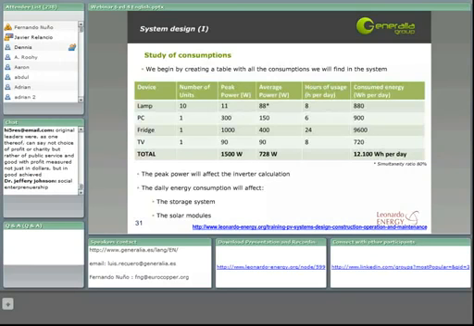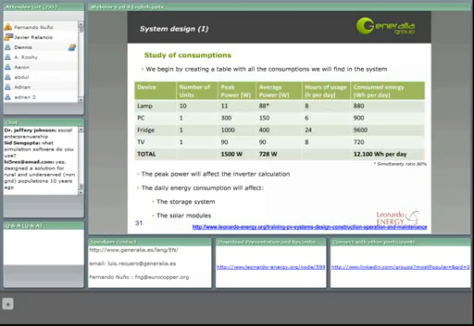So for example, here we have taken a consumption from a typical house in a developing country, which will have 10 lamps, 1 personal computer, 1 fridge, and 1 television. They will be consuming 12,100 watt hours each day, and they do have a peak power of 1,500 watts and an average power of 728 watts.